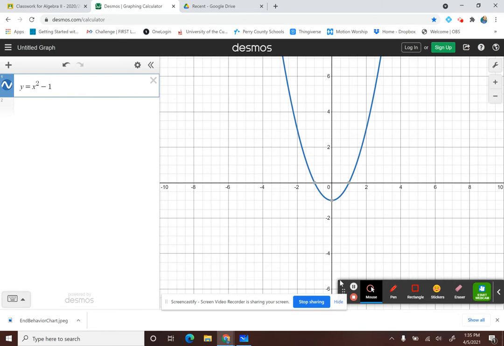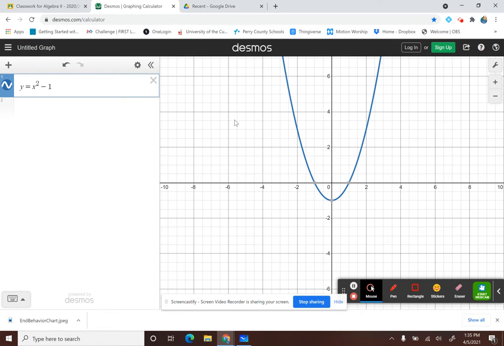That's because here we have x squared now. It's no longer linear, it's quadratic. But I want you to notice how many turns it has. It basically has one turn. Moving from the left to the right, there is only this one turn in the graph, and then it turns back uphill again.